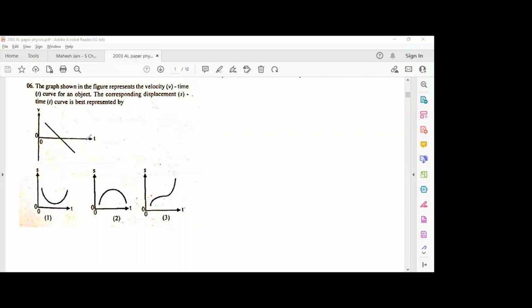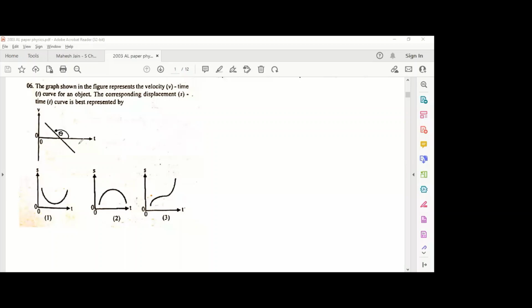And when you take a look at this, you can see that it has a constant gradient, a constant slope. And you know how to get the gradient? Gradient is the tan value of the angle between the positive direction of the x-axis and the tangent drawn to the graph at a certain point.